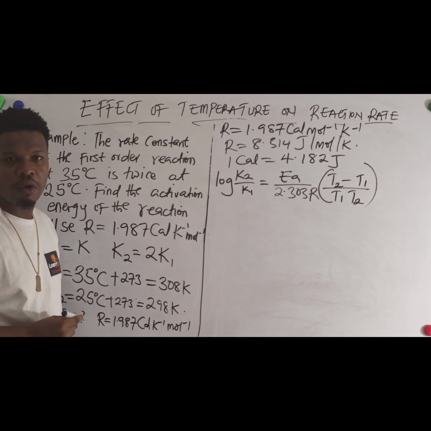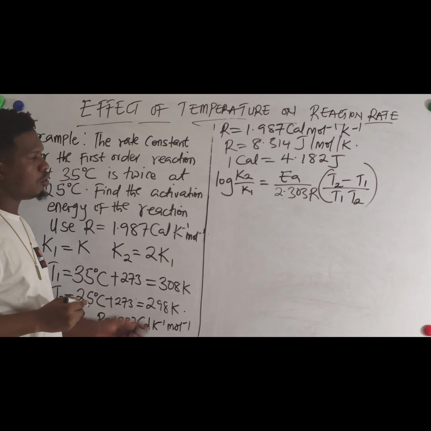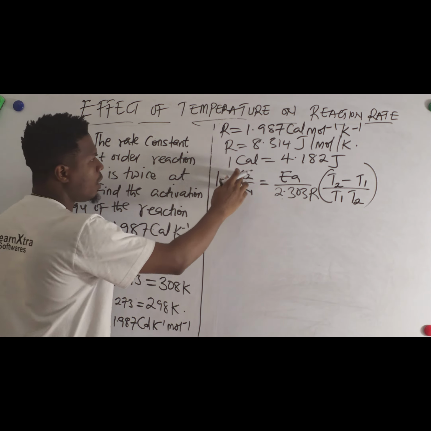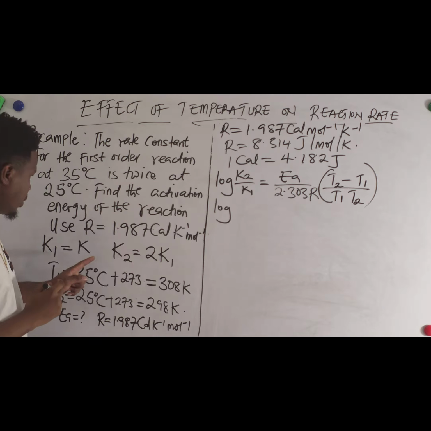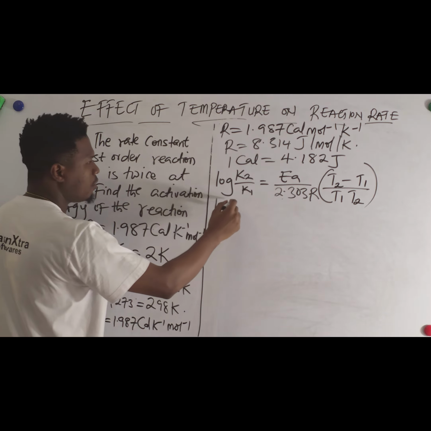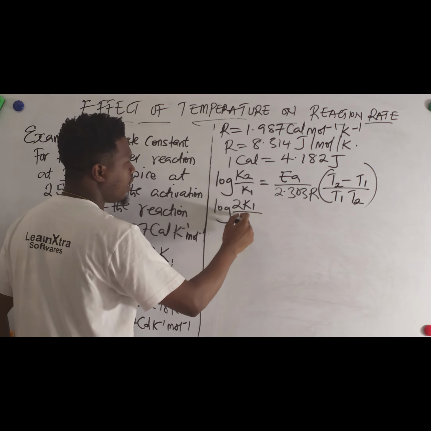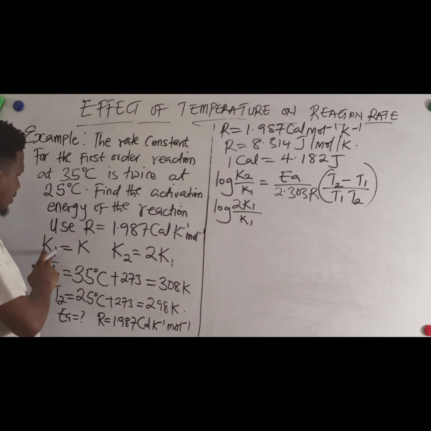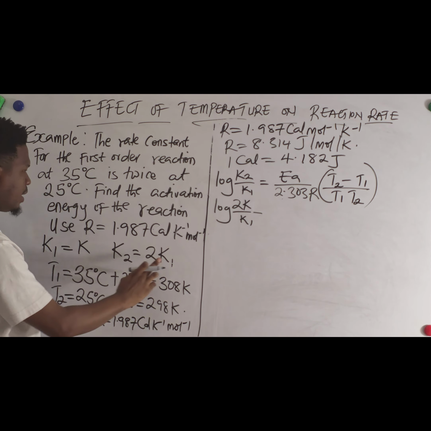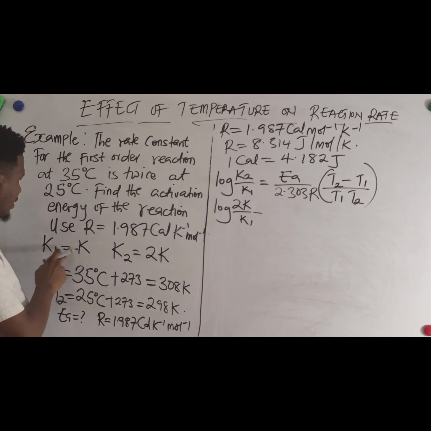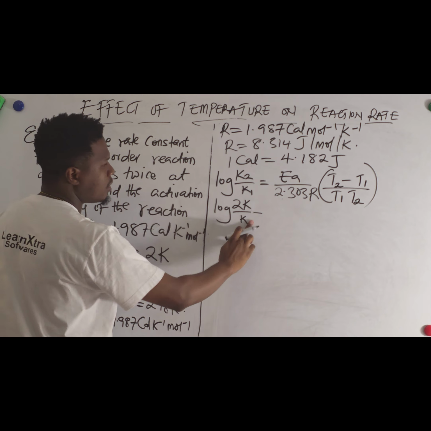So we invoke the Arrhenius equation and just plug in the values. What is K2? K2 is 2K1, so we have 2K1 over K1. K1 is K, sorry. Please take note, K1 is equal to K, so K2 will be equal to 2K.